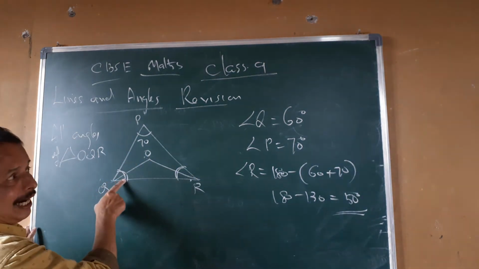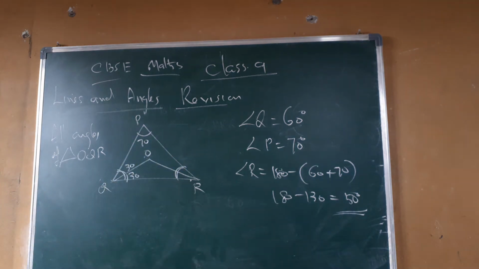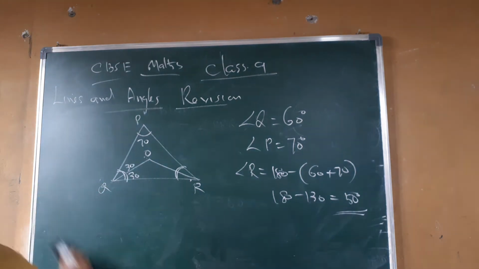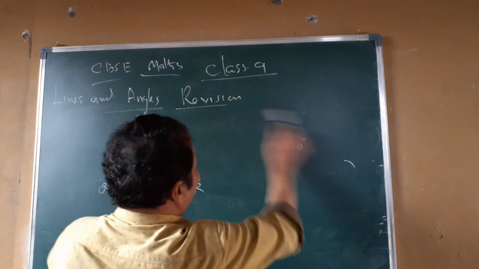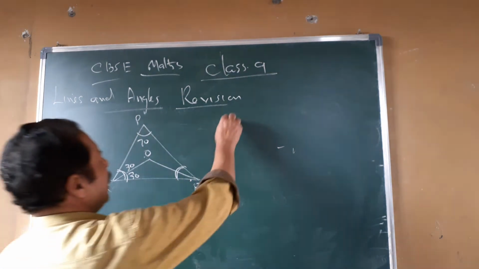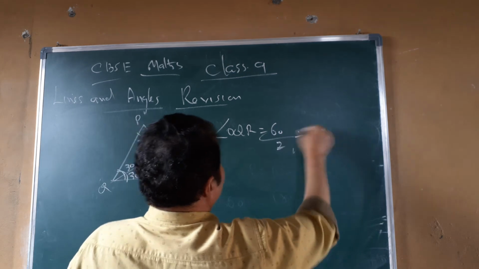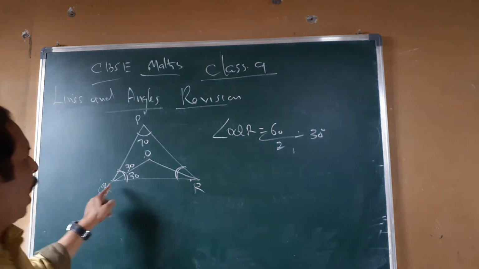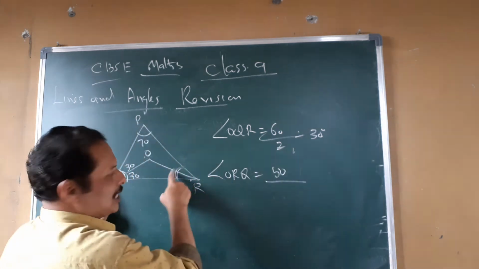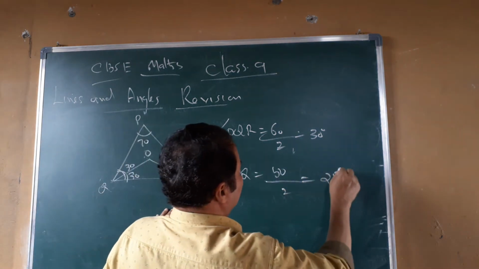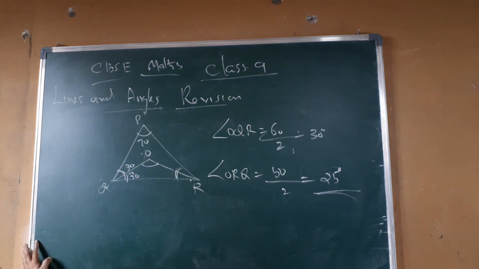So how can we find OQR? ഇതാകെ എത്രയാ 60. അപ്പോൾ അതിന്റെ പകുതി, that is 30 and 30. That is the meaning of angle bisector. So angle OQR is 60 divided by 2, 30. Similarly, ORQ: this angle R is 50, 50 divided by 2, 25. And how can we find QOR?